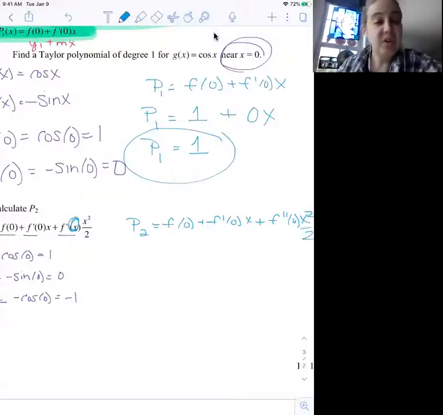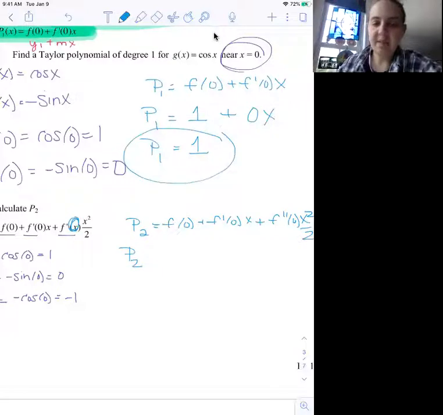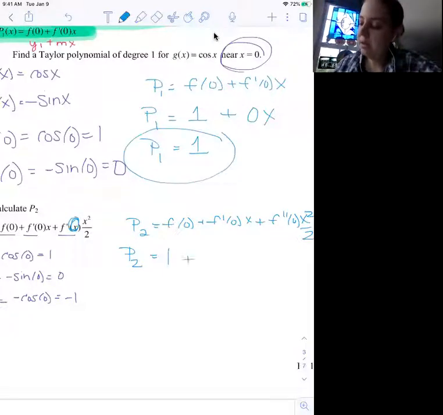Now, I'm going to show you where all these pieces come from on the next page, but right now we're just filling in the pieces. So my second degree Taylor polynomial means I could have up to exponent 2 is 1 plus 0 times x plus second derivative at 0 is negative 1 times x squared over 2.